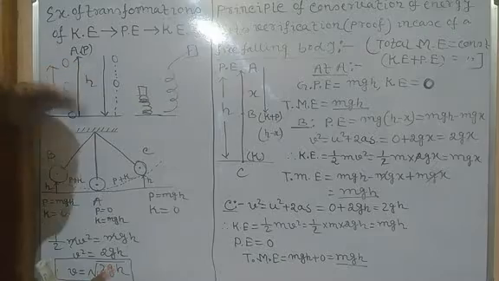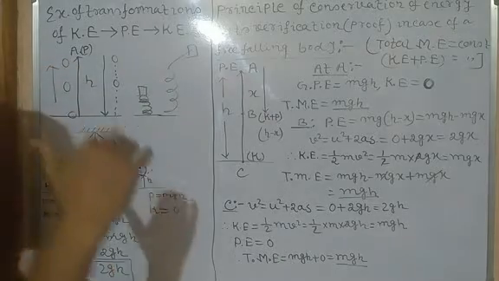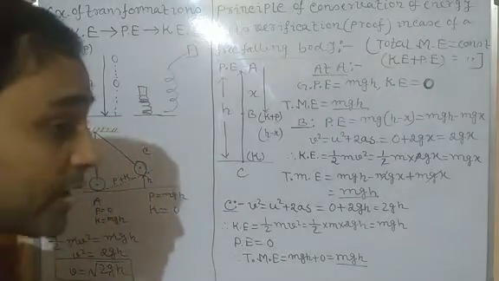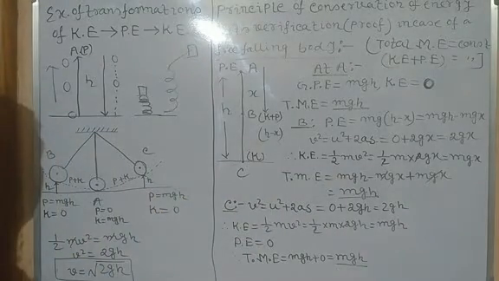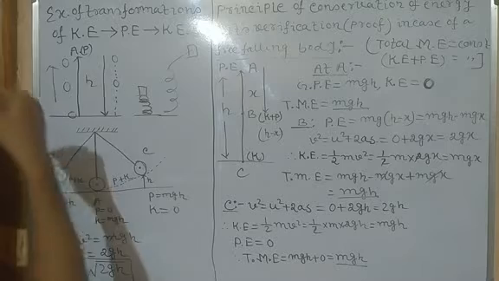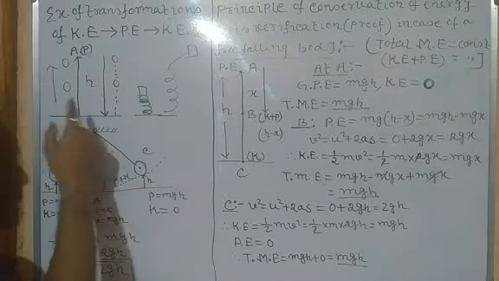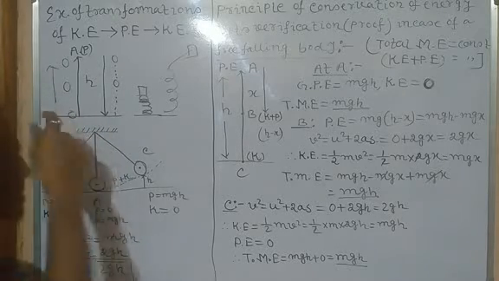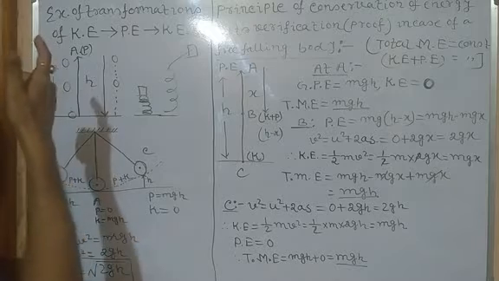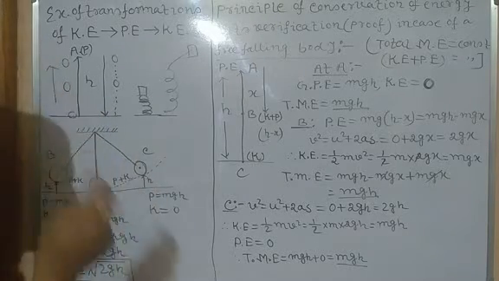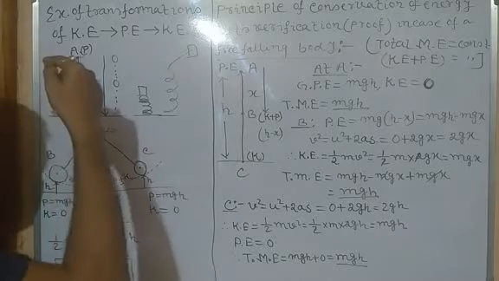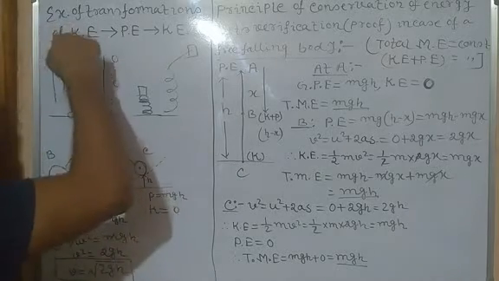Since its height is decreasing, its potential energy is decreasing, and kinetic energy is gradually forming. Before starting its journey it was at rest, and just after it is launched it gained velocity, so kinetic energy appears.